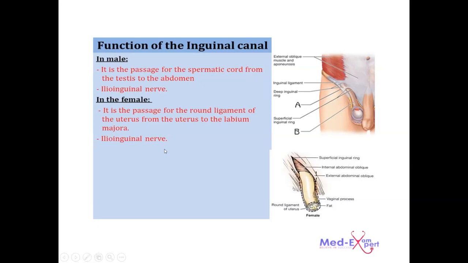This is a very important point for single best answers: what does the inguinal canal transport? It transports the round ligament in females and the spermatic cord in males, plus the most important ilioinguinal nerve.